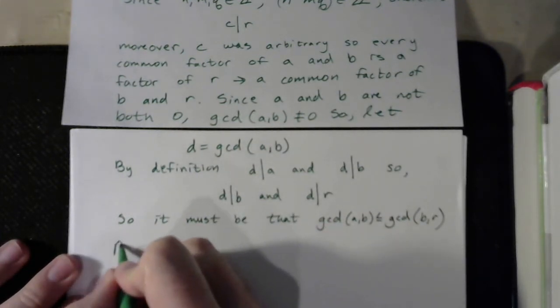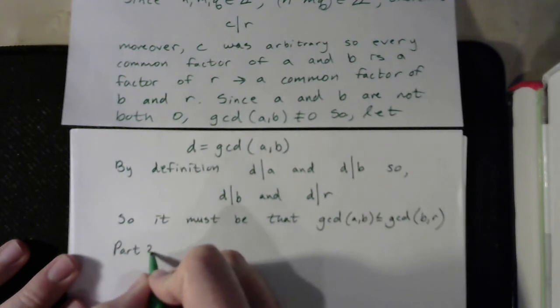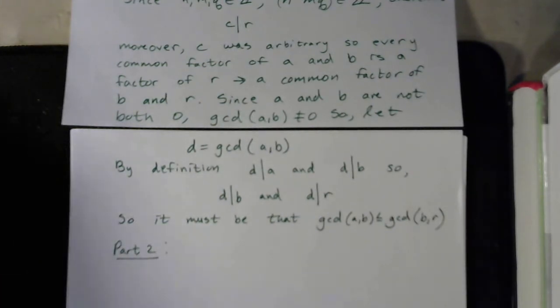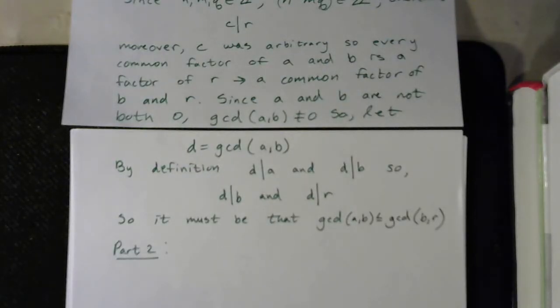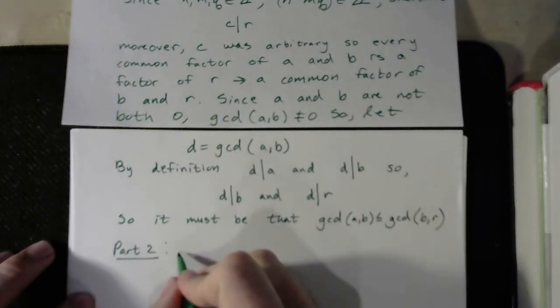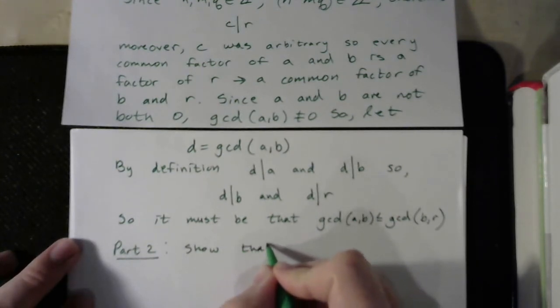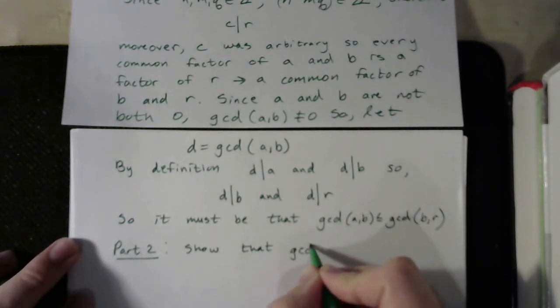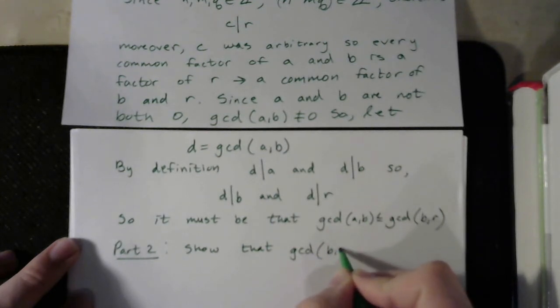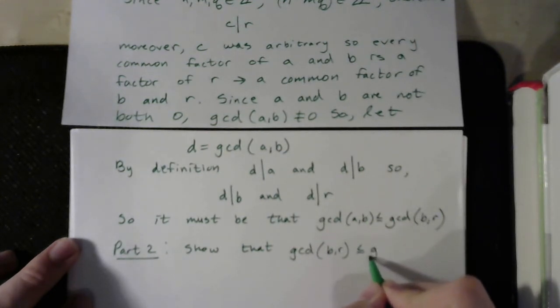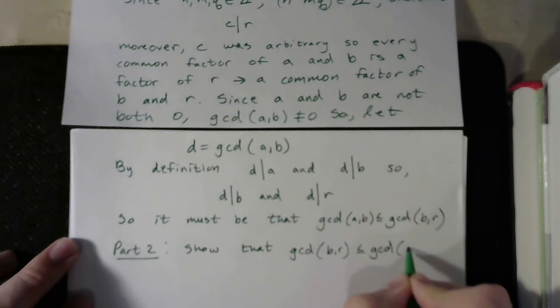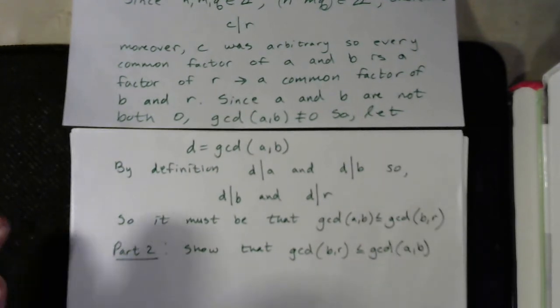So we're going to move into part 2 of this proof. And we're going to show that the GCD of B and R is less than or equal to the GCD of A and B. Now, it's the exact same setup.